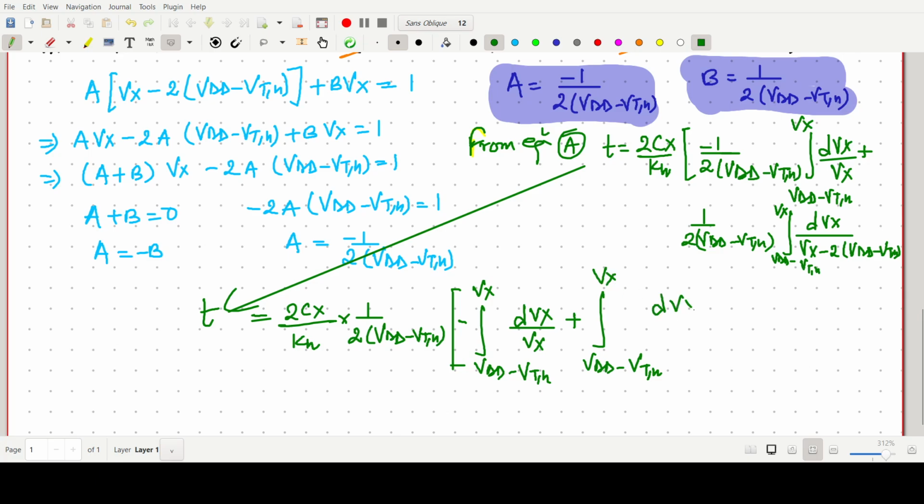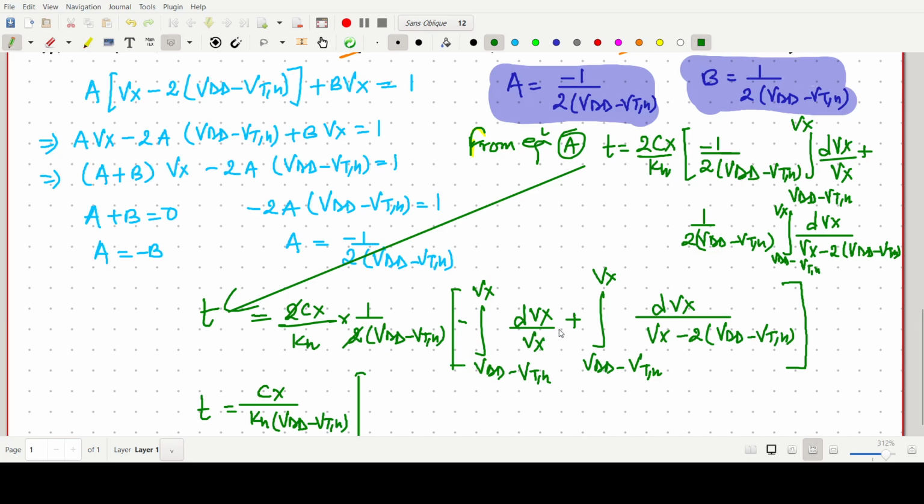And this is a very simple integral. Those who are beginners can go with each and every step, and those who know everything can do it directly. So this t value can be written, these two cancel, so Cx by Kn (VDD minus Vtn), then this value will be minus log x.